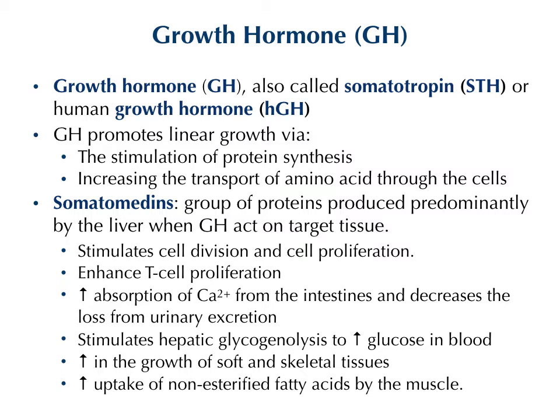So keep this in mind, and we can discuss the major roles of growth hormone and its little minion, IGF-1, in physiology. So growth hormone promotes linear growth via the stimulation of protein synthesis and increasing the transport of amino acids through the cells. And most of this is thought to actually be an indirect effect through IGF-1.